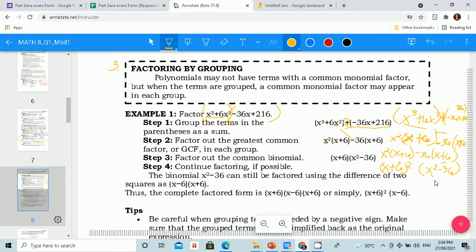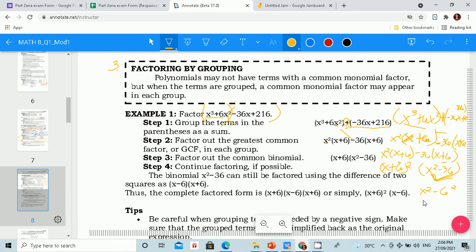Class, this one is still factorable. Remember that x squared is just x squared and 36 is 6 squared.